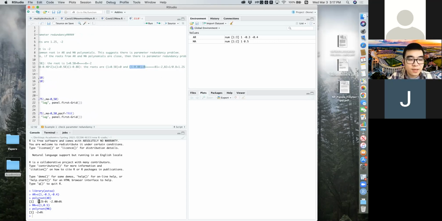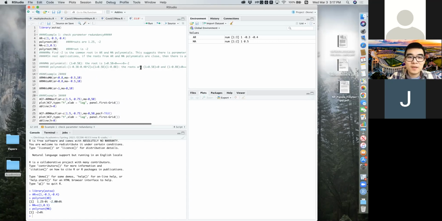You can see this is just what the computer does: it finds two roots, the first root is 1.5, the second root is -2. So it's exactly what we got by hand.